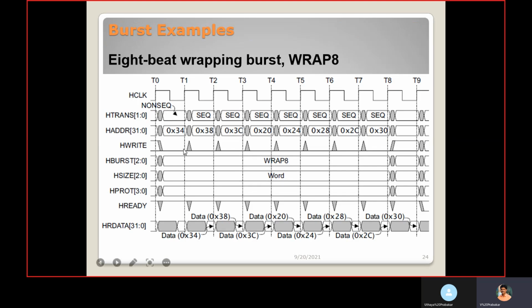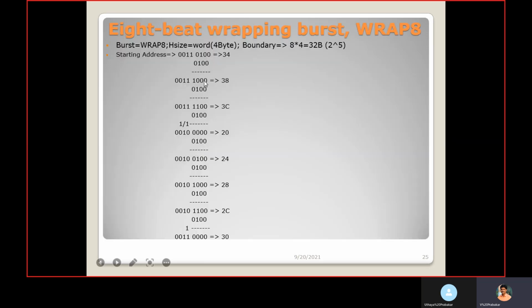We are going to perform a write. HBURST is wrap 8 and HSIZE is word. For the next address, it will add 4 here: 0 0 1 1 0 1 gives 1 1, so this value comes as it is.